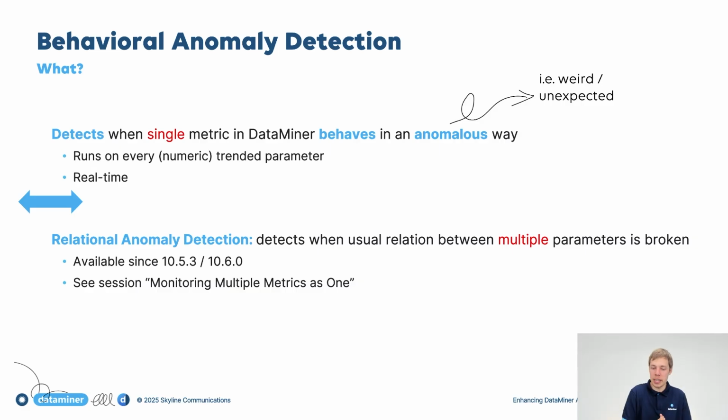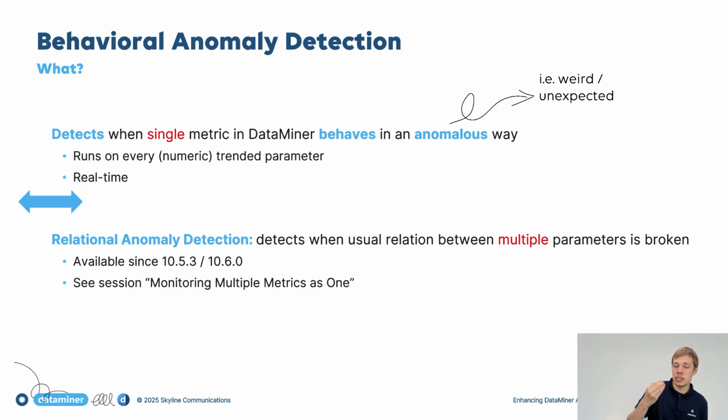Relational anomaly detection is about the relation between parameters, so it monitors multiple parameters together. Think, for instance, of a main channel and a backup channel. You normally expect them to be more or less equal. If that is no longer the case, then relational anomaly detection can detect that.